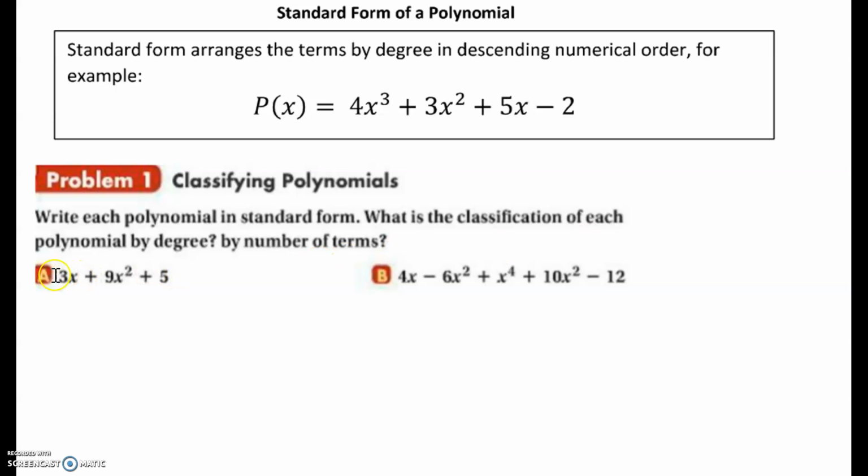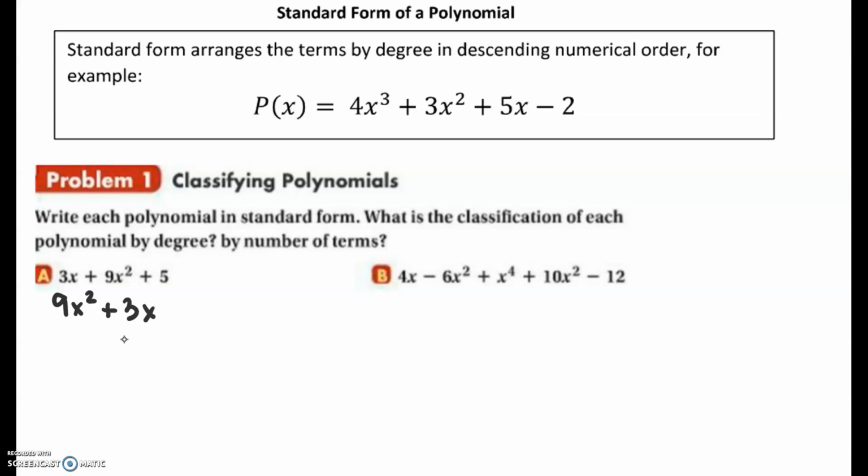Okay, so for my first example here, I'm going to want to put these in the right order. So the highest degree that I see is 2. So I'm going to rewrite this in standard form, and I'm going to put 9x squared first. Then the next one I see is 3x. So I'm going to do plus 3x.